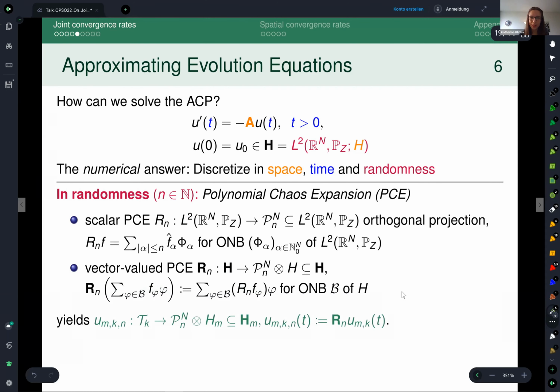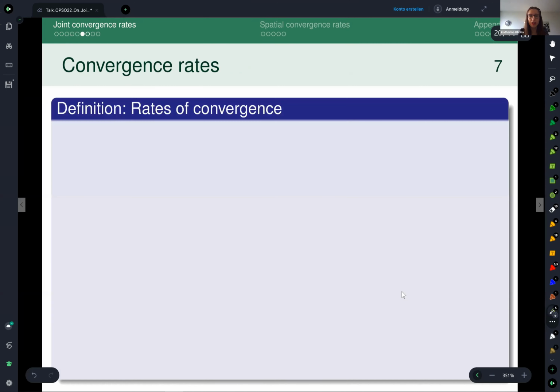And finally, we obtain a fully discretized solution u_m^kn by just applying the vector valued PCE to the temporally and spatially discretized solution, so that for each time step in the grid, we get a function which is polynomial with respect to Z and assumes its values in H_m.